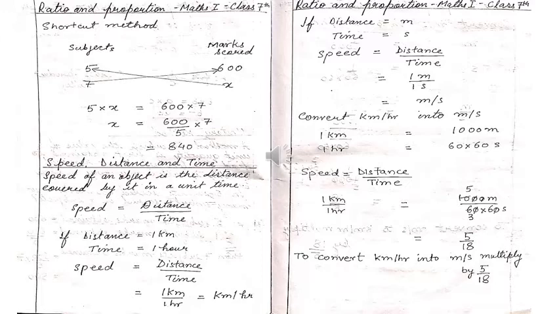Here two zeros of the 60s will be cancelled on the numerator part, and then 10 into 36 will be left. Then we will divide it by 2. So 10 will turn into 5 and 36 will turn into 18. So to convert kilometer per hour into meter per second, we multiply by 5 upon 18. Clear?